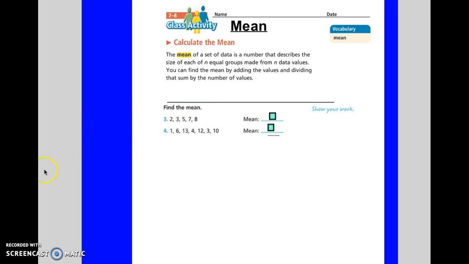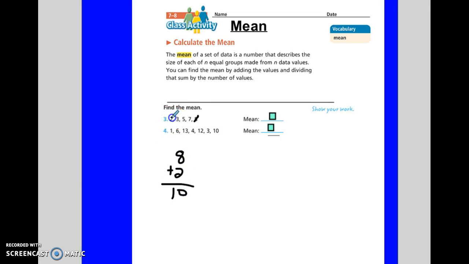So to find mean, what we do is we start by adding all the numbers. So we're going to look at this set of numbers here, and I'm going to just rewrite them because I like to put mine in groups of 10, and I'm going to cross them off as I add them up. So I'm going to do 8 plus 2, because that'll give me 10. 10 is an easy number to add on to other things.